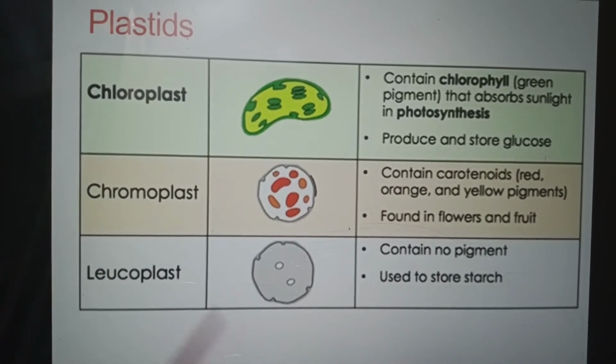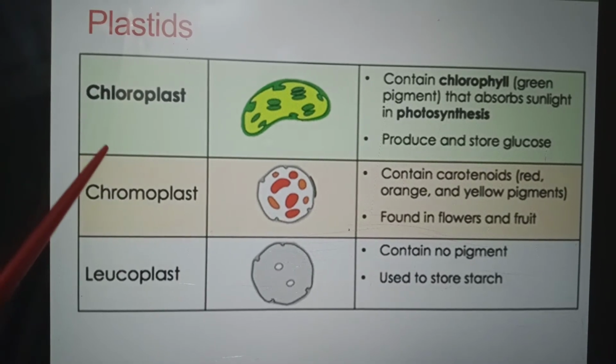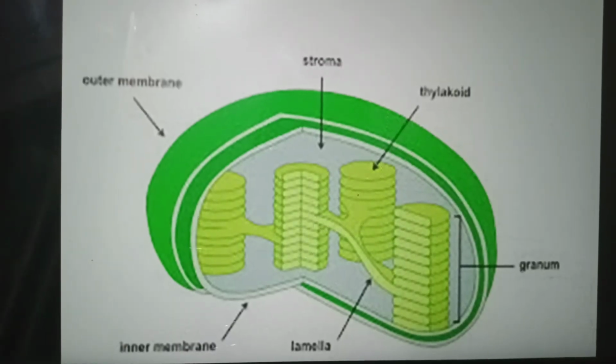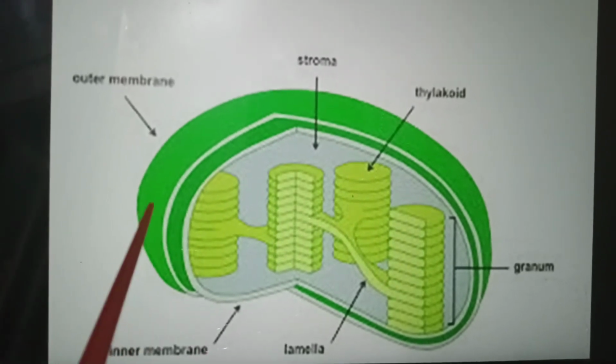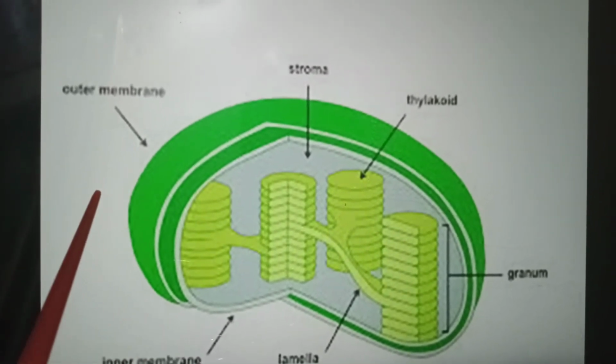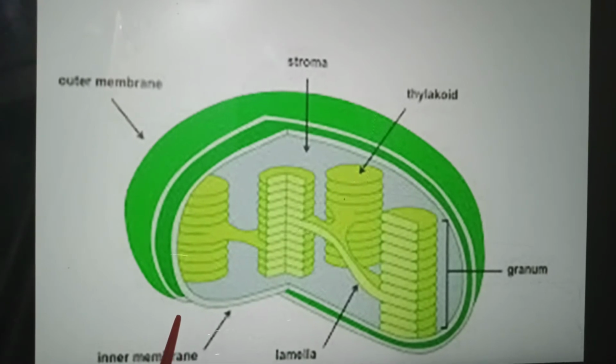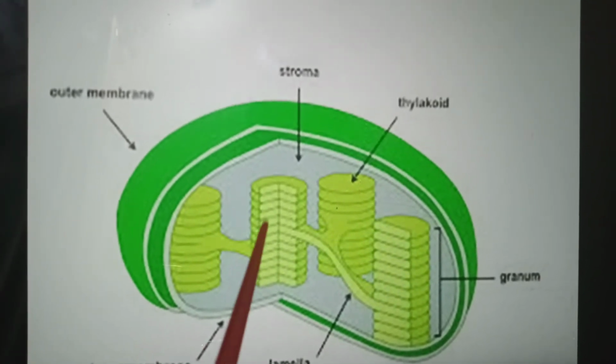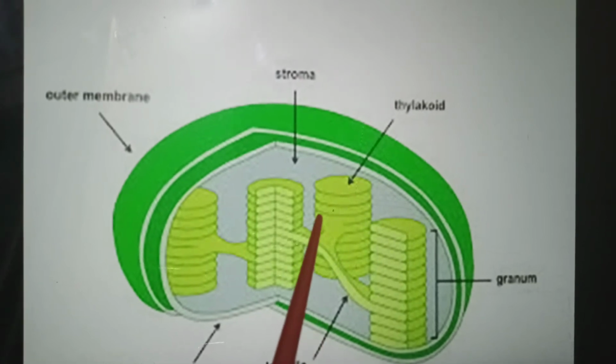Like mitochondria, chloroplast is also bound by a membrane. So here is chloroplast, the outer membrane is smooth, while the inner membrane gives rise to the sacs called thylakoids.